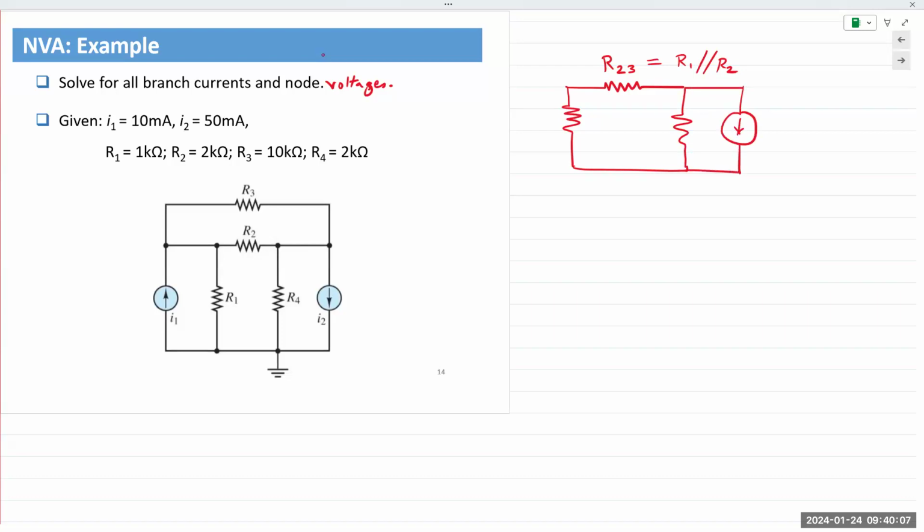So depending on the circuit, again, your first step could be a little bit different. Our first step for NVA, of course, is to identify all the nodes in the circuit and then choose a reference node. So how many nodes in the circuit? Take your time.